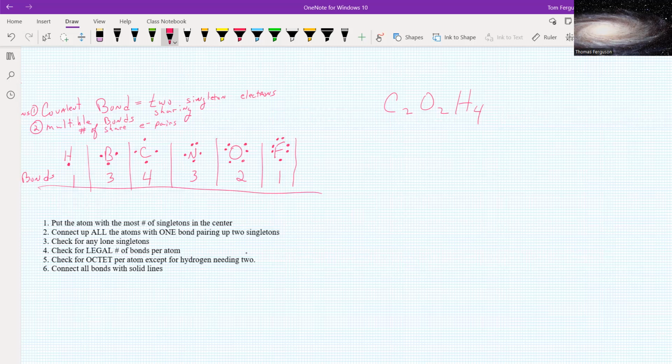A singleton can hook up, kind of like at a bar. Two singles. And then you circle it, just so that you recognize it's a bond. That's what we do in this book. So try this one here first.